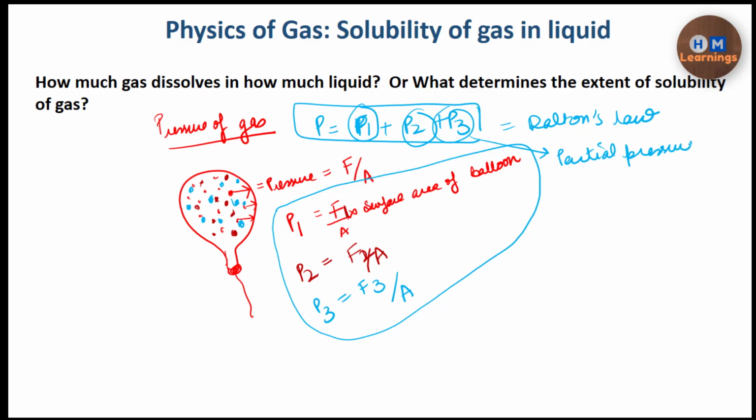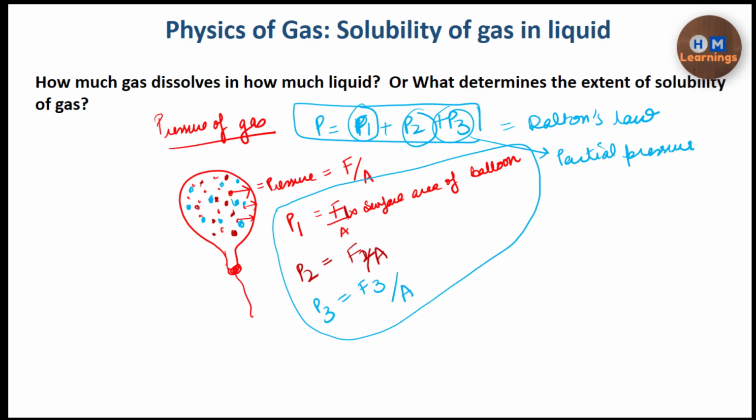So again I will define what is pressure. Pressure is defined as the force exerted by the moving gas molecules against a surface at any given instant. That basically means that at this time point, the gas molecules filled inside the balloon are exerting pressure P on the balloon wall.